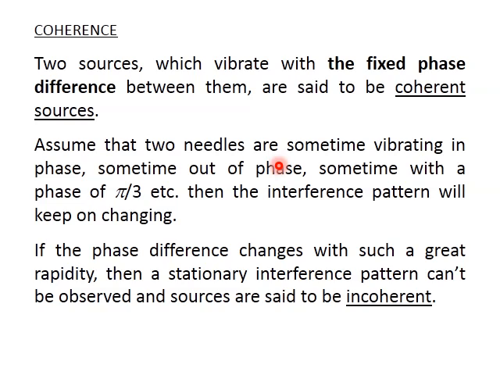So in such cases, if the phase difference changes with such a great rapidity, a stationary interference pattern cannot be observed, and then the sources are said to be incoherent. Fine. So that is the difference between coherent sources and incoherent sources. So this coherence is a very important concept in optics.